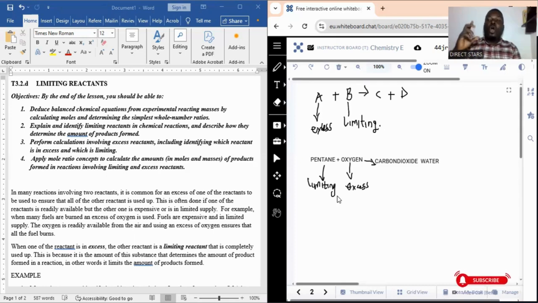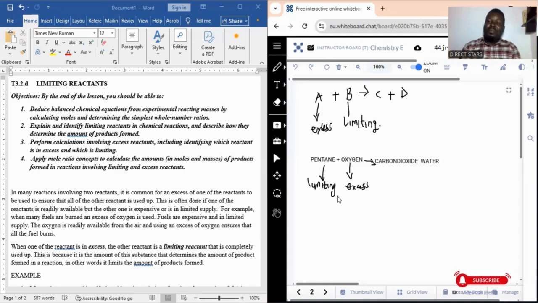What happens if the oxygen is limited in supply? You get a smoky flame. Instead of the blue clear flame you get from your gas stove, you get a smoky flame. And you're familiar with the fact that when you see a vehicle that is releasing smoky fumes from its exhaust, it is an indication that the engine of that vehicle is no longer efficient.